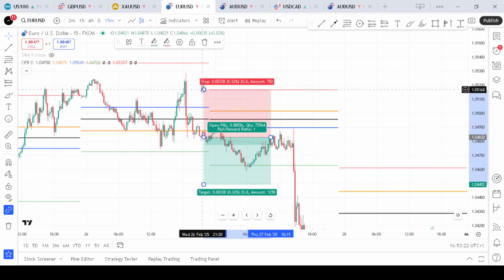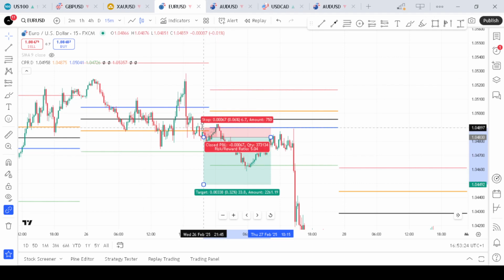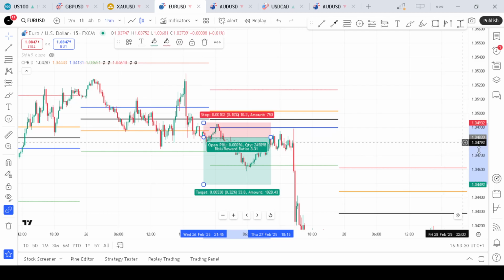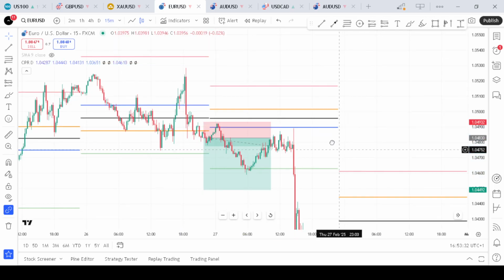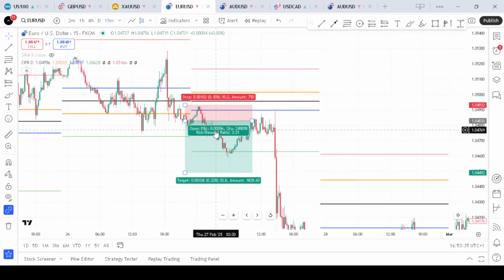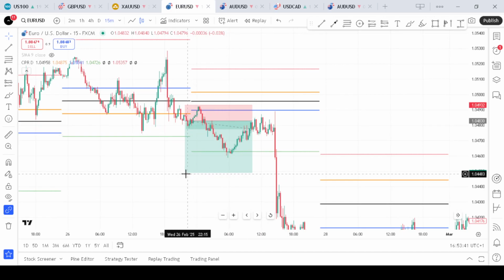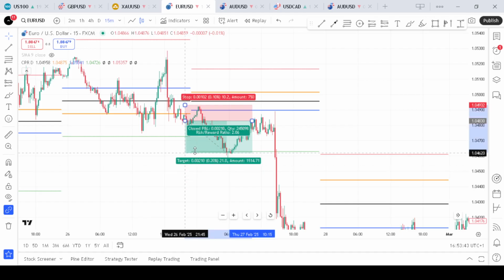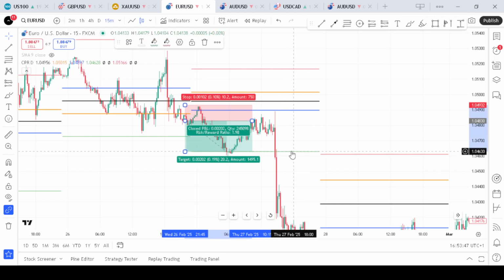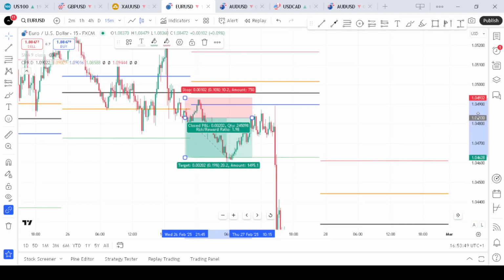Your stop loss should be above your BC level that is acting as a resistance. This is where your stop loss should be. Then you can target your support level, this green line, as your take profit level.